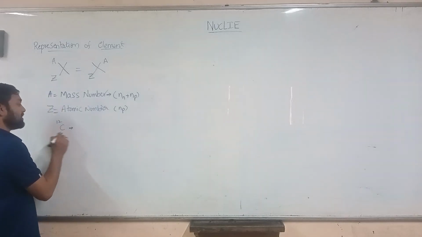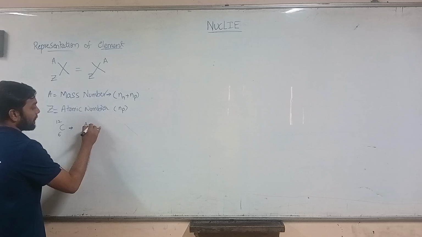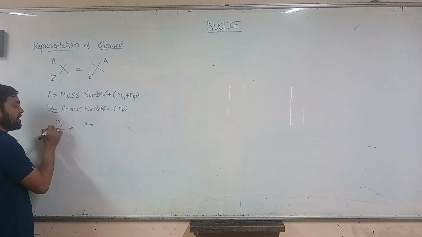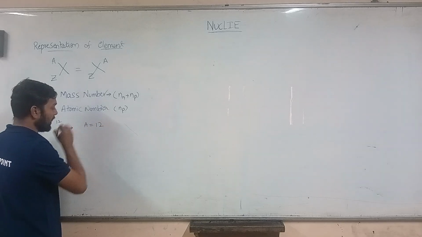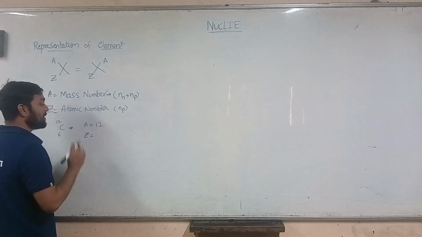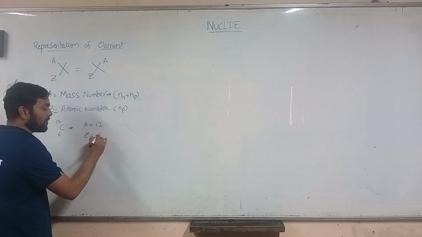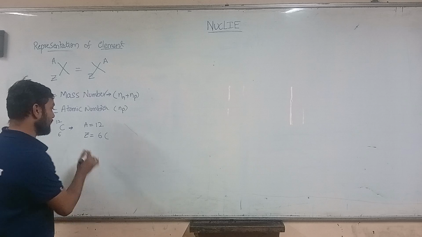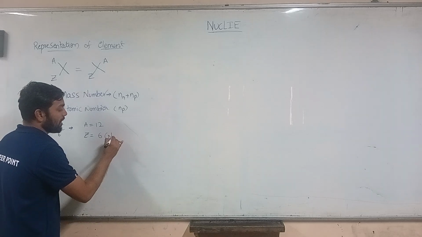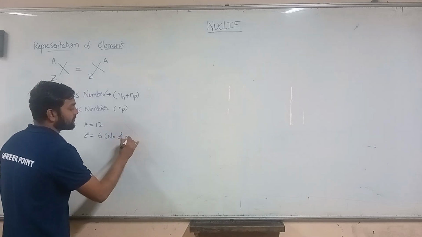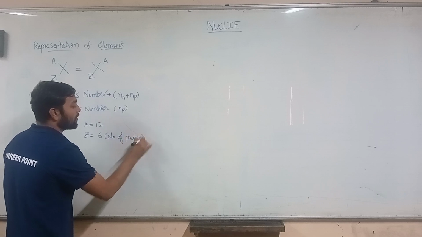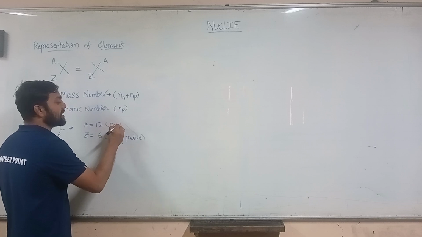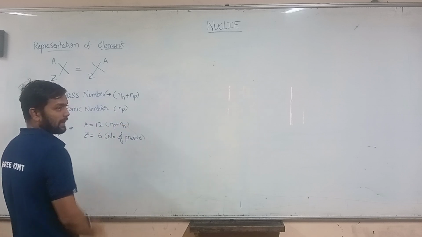Here A is the mass number, which is 12, and Z is the atomic number, which is 6. So the number of protons here is 6, and the number of protons plus neutrons is 12.